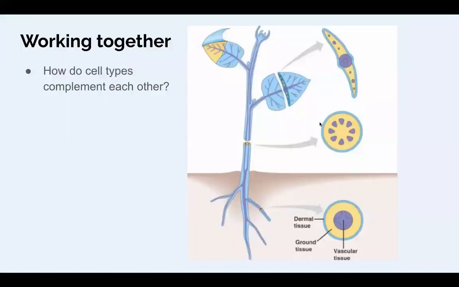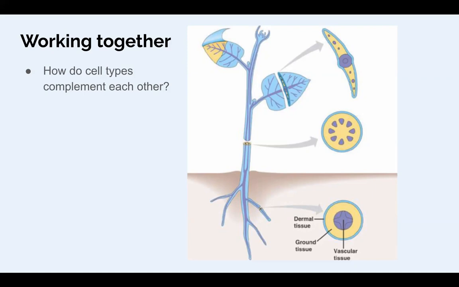So going back to organs and tissue systems, we've got different types of cells and organs working together. So our different cell types are tissue systems. If you remember, these were the dermal, ground, and vascular systems. And I introduced those thinking about how they work together.